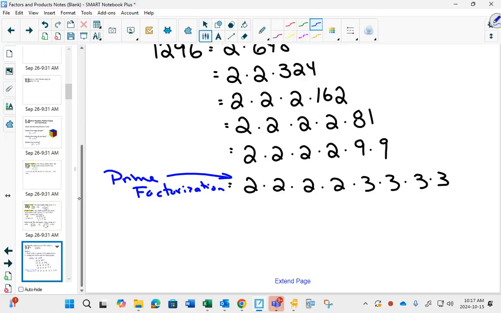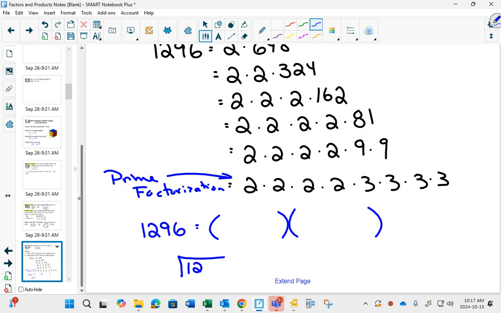Now, if you wanted to square root 1296, the idea is 1296 has to be something times something, and those two numbers would have to be the same in order for us to square root it.